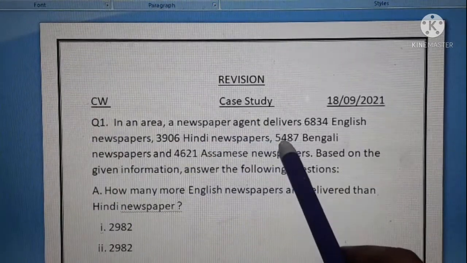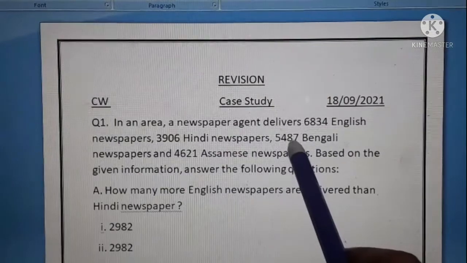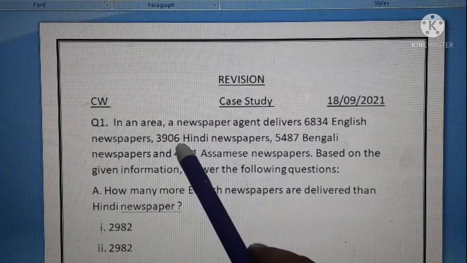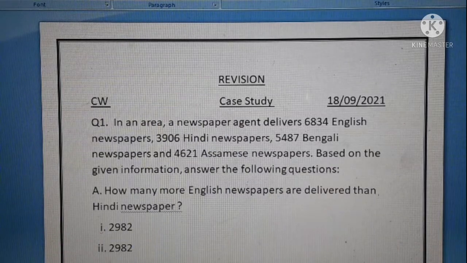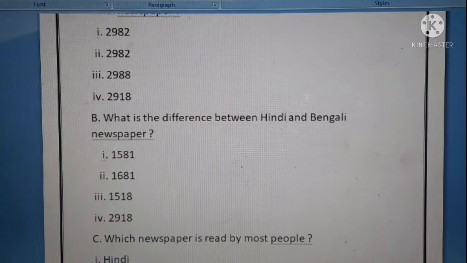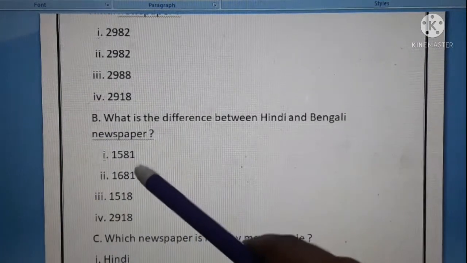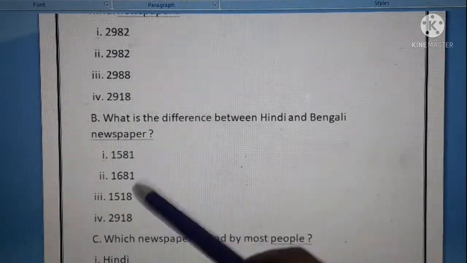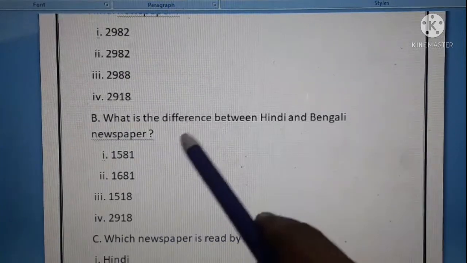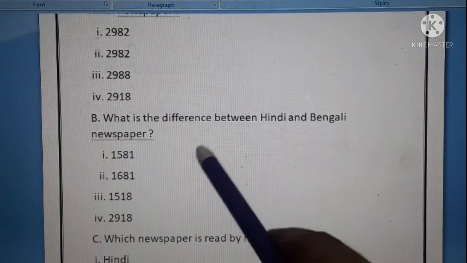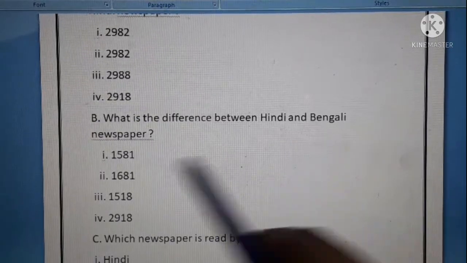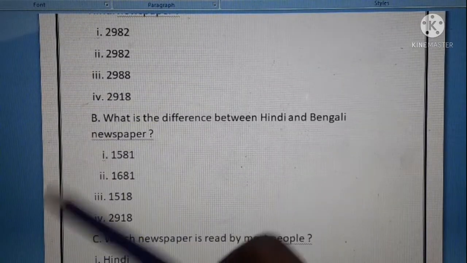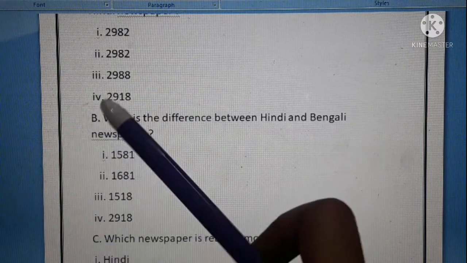So you are going to subtract Bengali newspapers minus Hindi newspapers. Whatever answer you get, that is your difference. Okay, so children, you are going to try these questions yourself. You have to choose the correct option. You are going to write B, and in bracket you write the correct option, the same way as you do multiple choice questions.